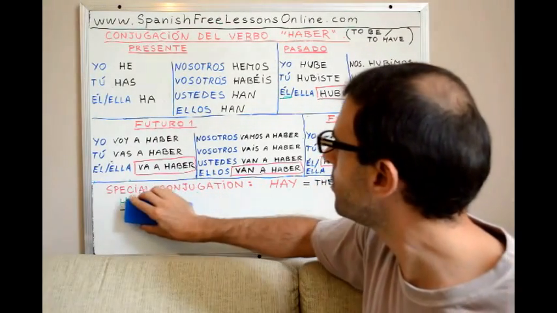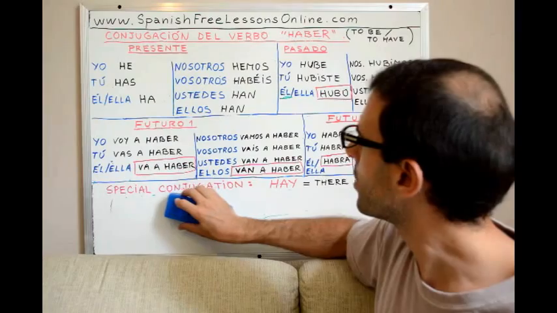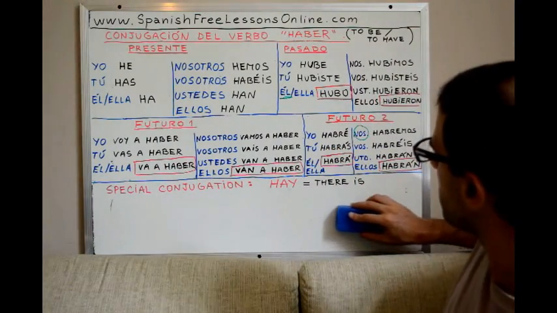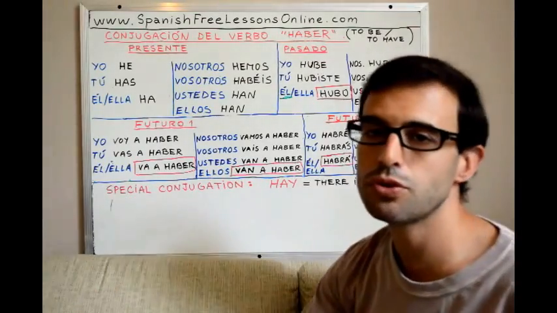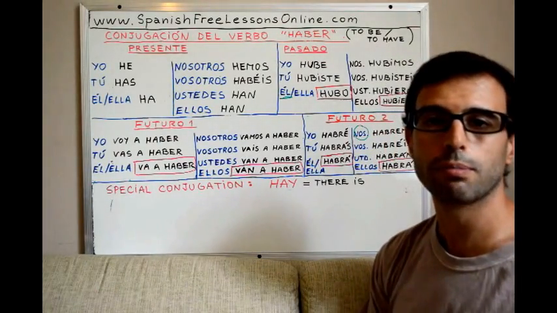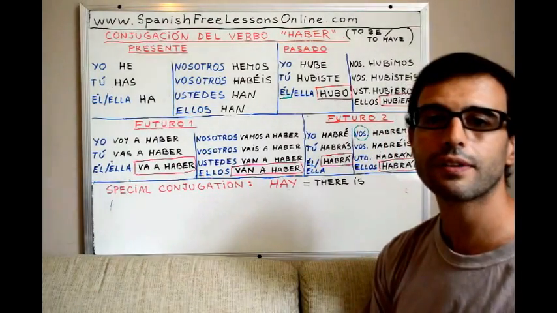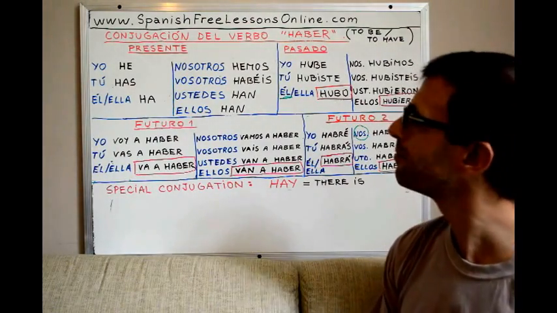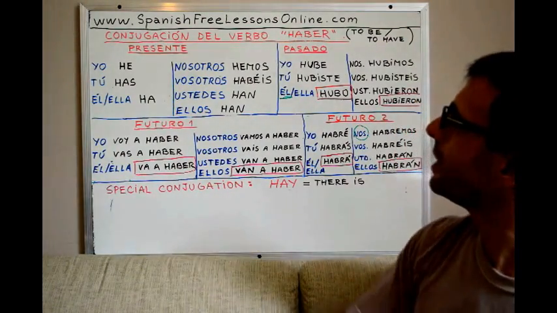So before we go deeper into the uses and functions of the verb haber, I will show you how to conjugate it in present, past and future, and in our next lesson I will show you some examples using this verb. So let's begin with present.